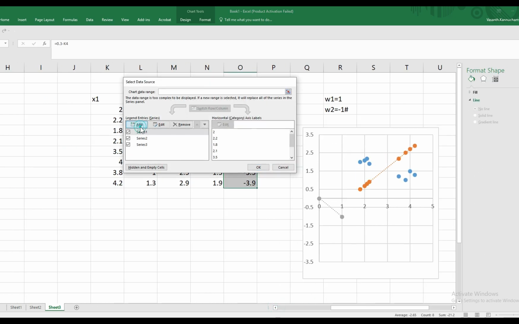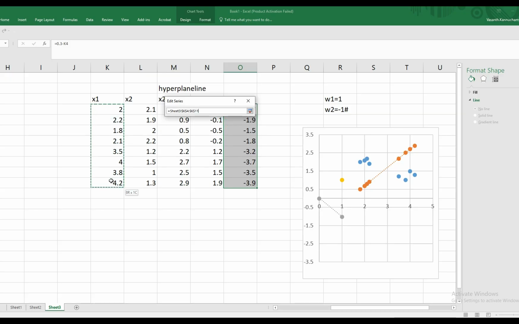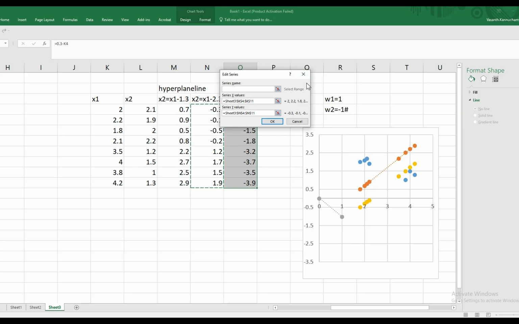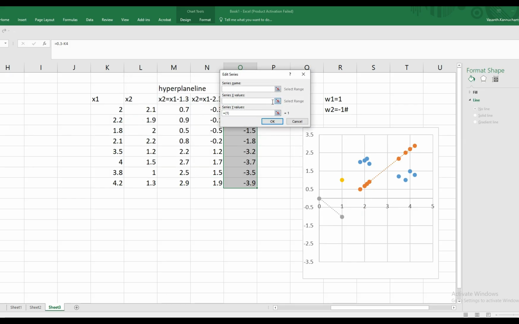I'm going to plot the support vectors: x1 versus y, which is nothing but your support vector. Okay, and then add the second support vector, which is this one.